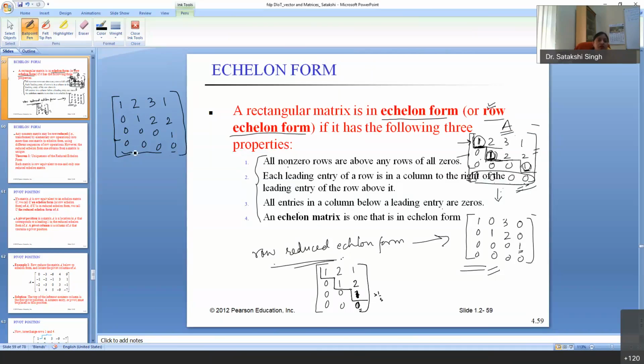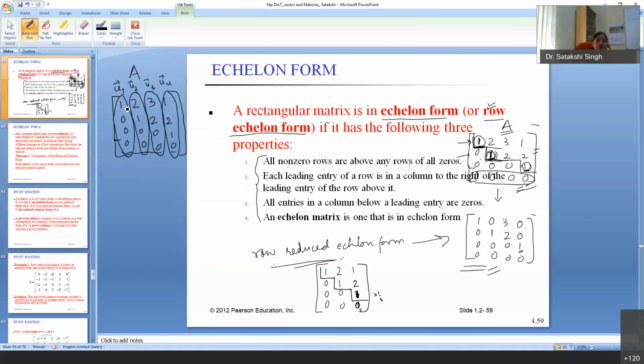Now, this is a matrix. Each column of this matrix represents a vector here. So that is why vectors and matrices are very closely related. Each column of the matrix we can consider as a vector. Let us say this is the vector u1, this is your vector u2, vector u3 and vector u4.